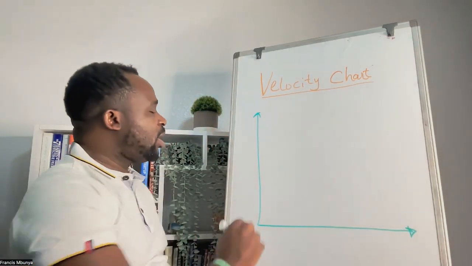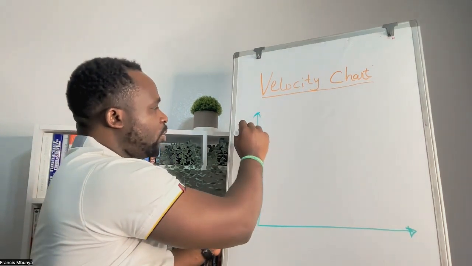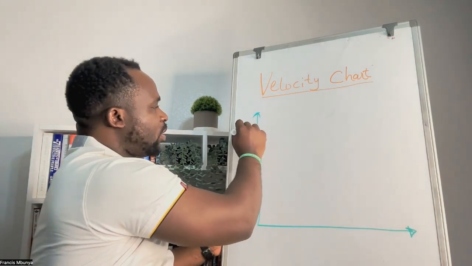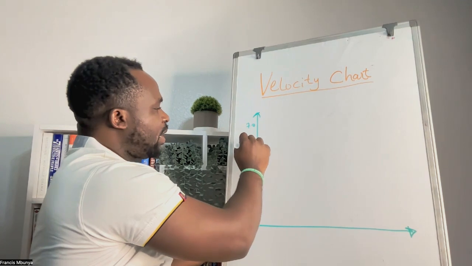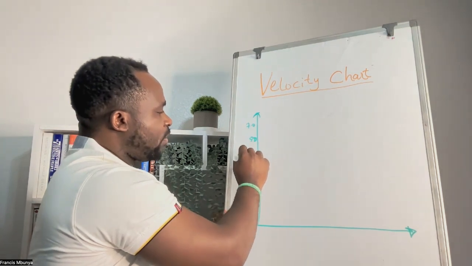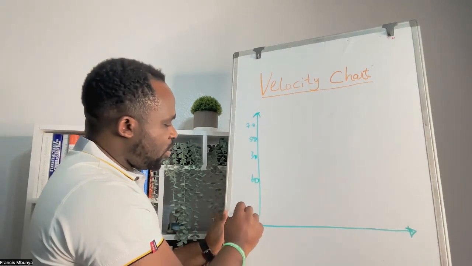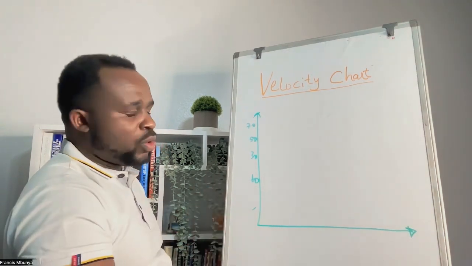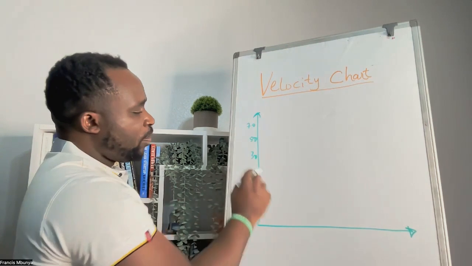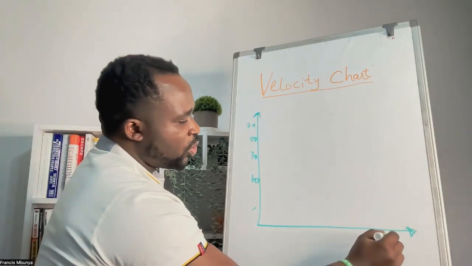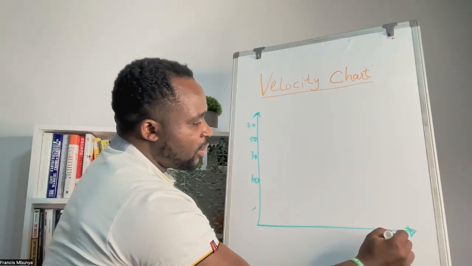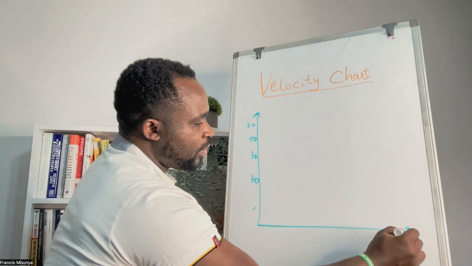Now, this chart includes the number of story points. So let's say we have about 70 here, 50 here, about 30, about 10 here. This indicates the story points, and this axis is going to indicate the sprint, right?